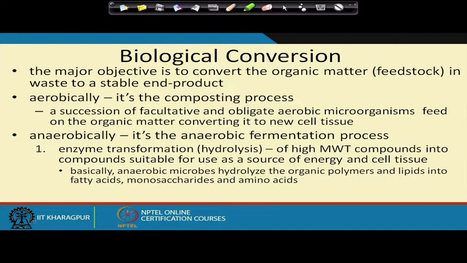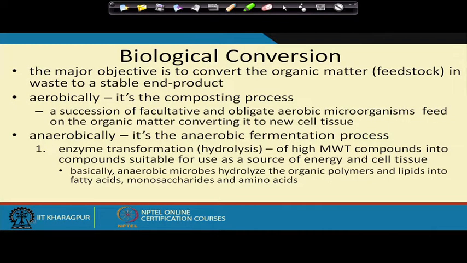So, what is happening in a composting process in a very simple way is we have this food waste, or this organic fraction of municipal solid waste. This is a food source for these microorganisms. Microorganisms come in and eat it, and in the process they oxidize the organic matter and CO2 gas is produced.